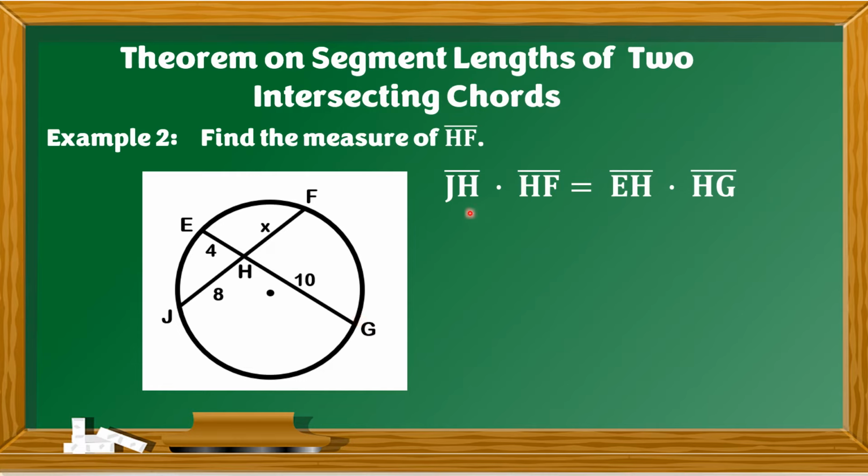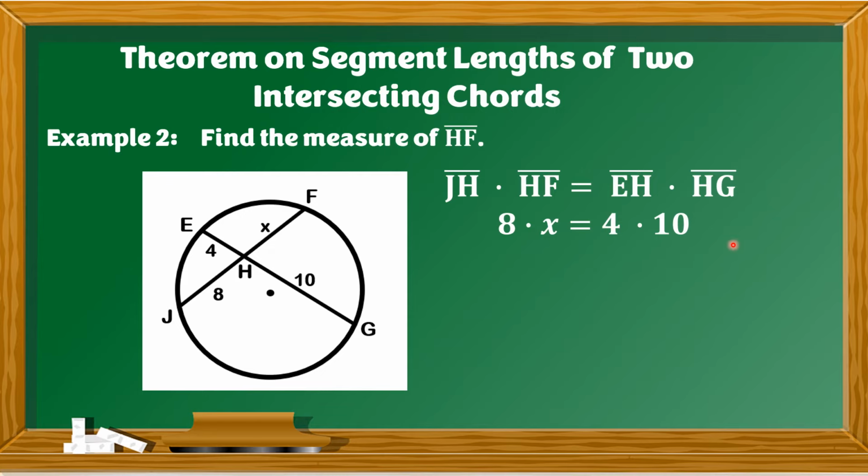Next, we're going to substitute the values of the given line segments. So line segment JH is 8, line segment HF is X, line segment EH is 4, and line segment HG is 10.